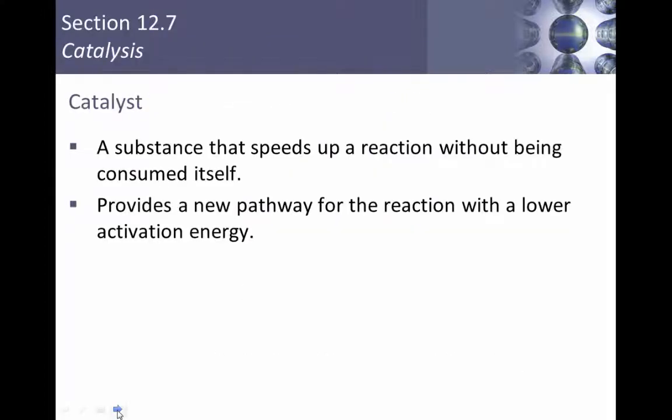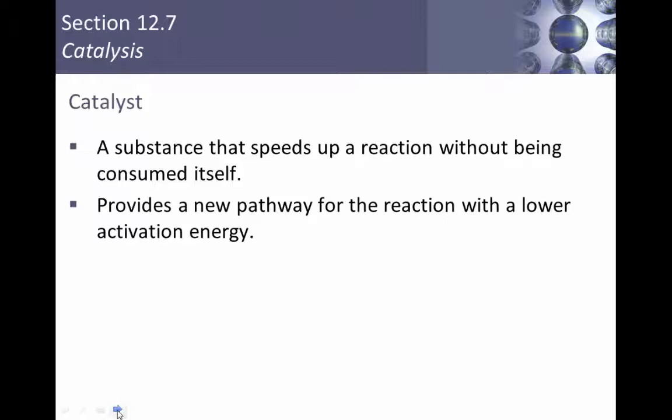And finally, the concept of catalysts. Catalysts speed up a reaction, but they themselves do not become part of the reaction in the sense that they form a product. They start out at the beginning of the reaction and they end up at the end of the reaction, so they don't get consumed themselves. So how do they do that?